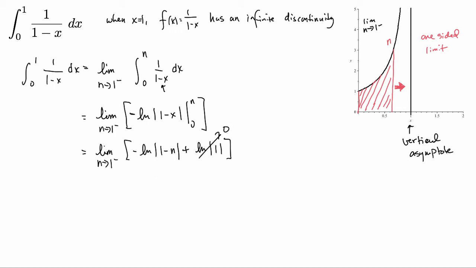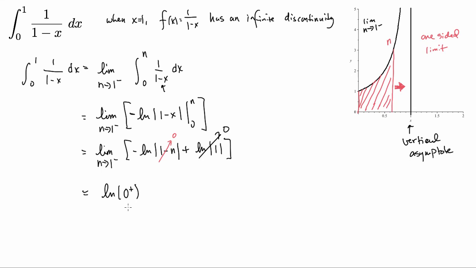And now we need to take the limit. The inside part here is going to 0, because if I let n approach 1, then 1 minus 1 is going to be approaching 0. So in the limit, what we're looking at is the natural log of 0 from the right. Now I have to explain this.